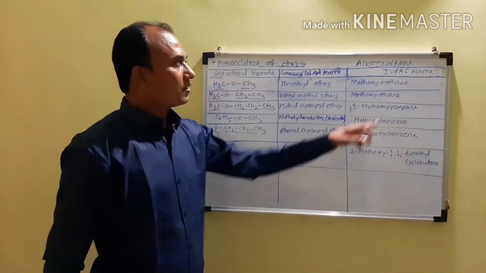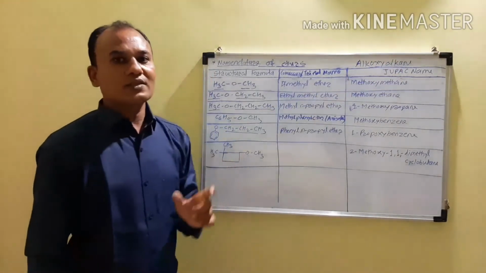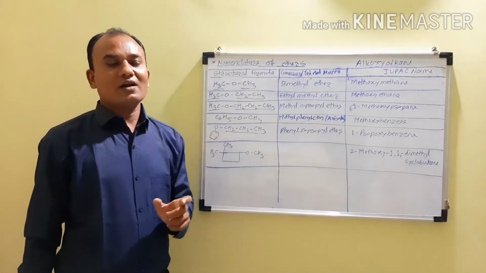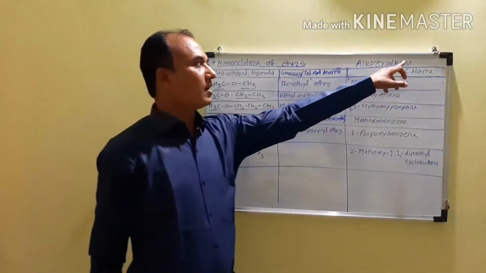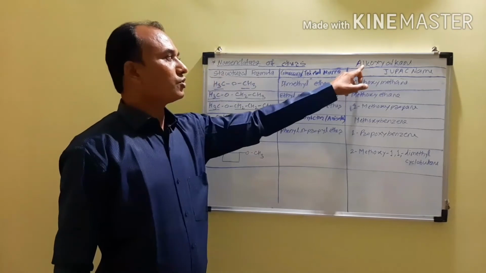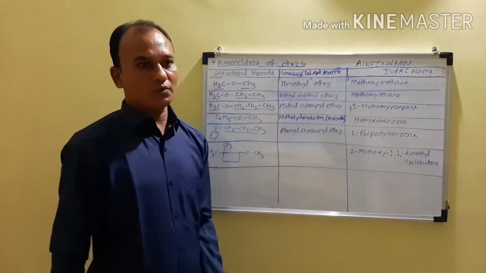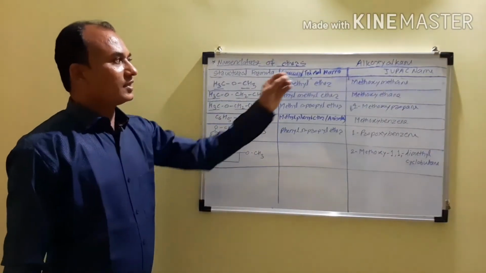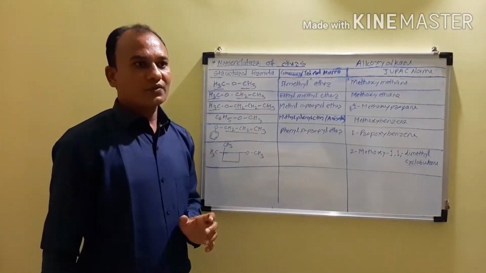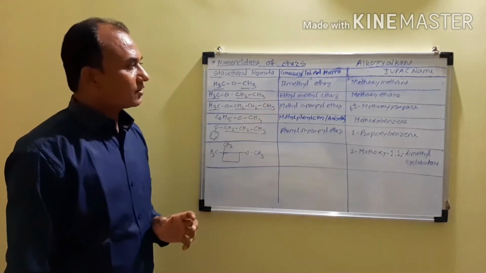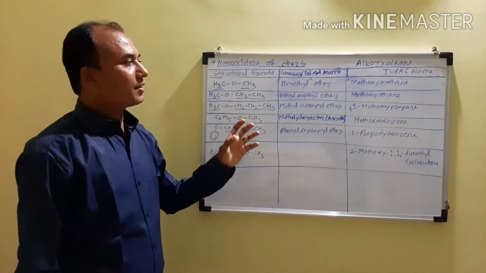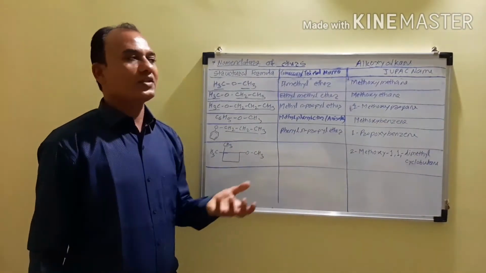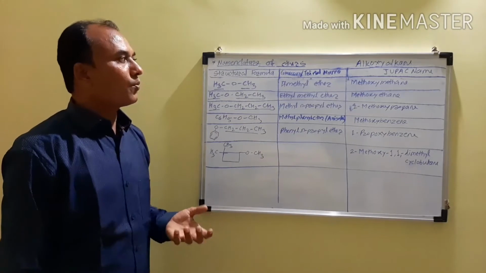In that case the alkane you have to consider: in the ethers there are two alkyl groups, so the larger alkyl group is considered as the alkane, and the smaller alkyl group you have to consider as an alkoxy group, and then you give the name, that is alkoxyalkane. The position we represent by numbers such as 1 or 2.